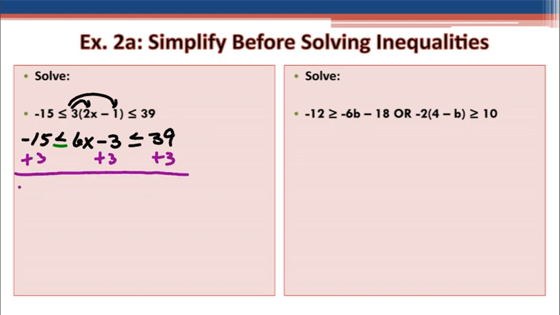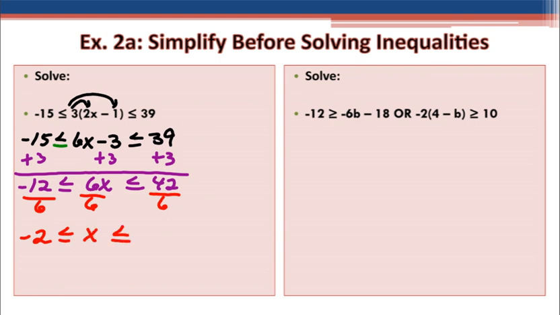I'm left with -12 is less than or equal to 6x, which is less than or equal to 42. To get x completely by itself, I divide by 6 on the inside and on the outsides. And I'm left with -2 is less than or equal to x, which is less than or equal to 7.